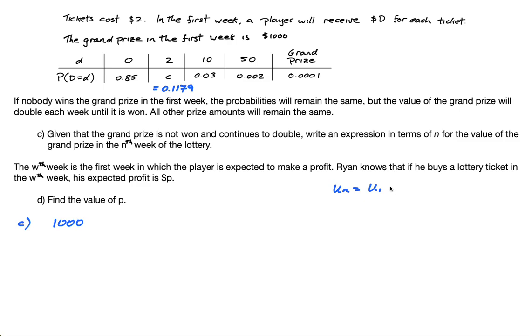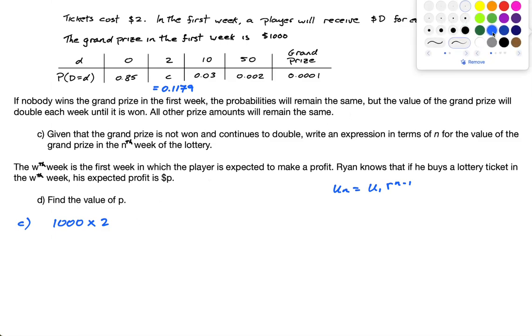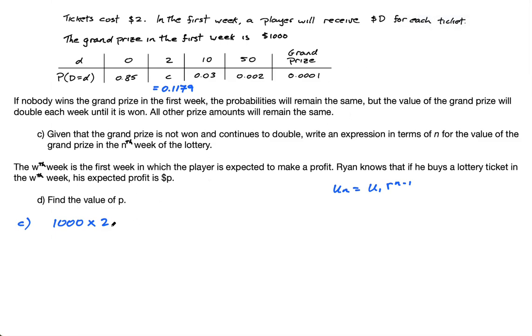The first term, the first week, the prize is 1,000, and r is 2 because it's doubling. So it's times 2 to the power of n minus 1 because he wants it in terms of n.